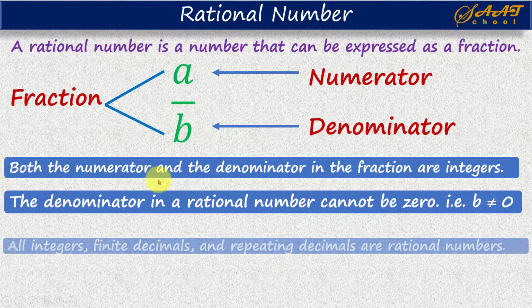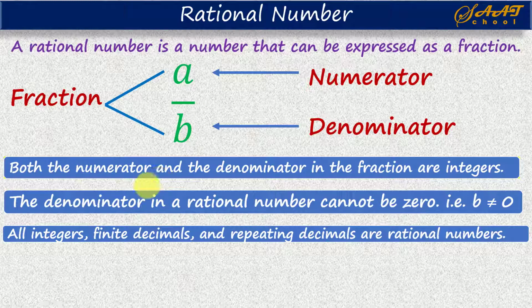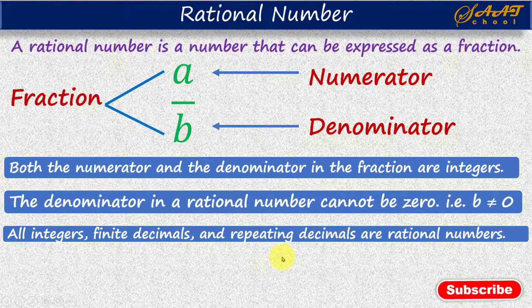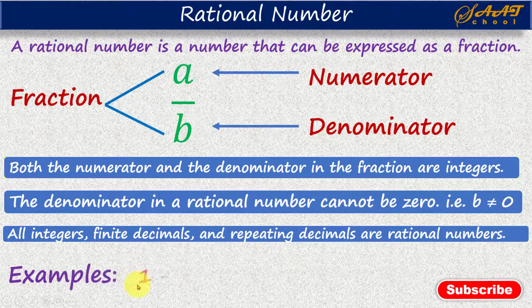Now here are some examples of rational number. All integers, which may be positive integers or negative integers, all finite decimals, and similarly repeating decimals. So these are some examples of rational numbers. Here we have examples like 1.